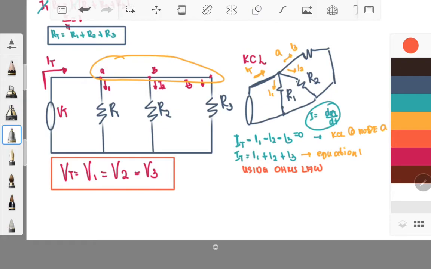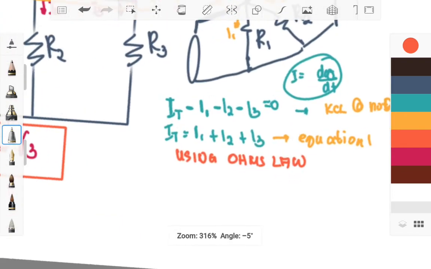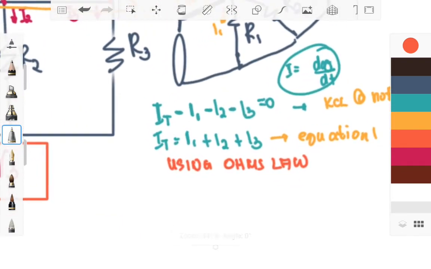But since the principle that we are using is that we are now considering the current of the parallel circuit, using Ohm's law, we have V total is equal to I total multiplied by R total.